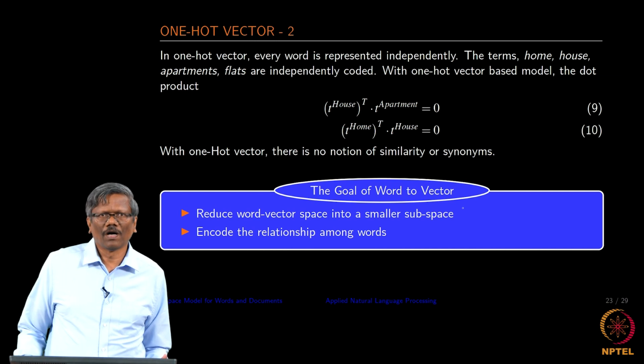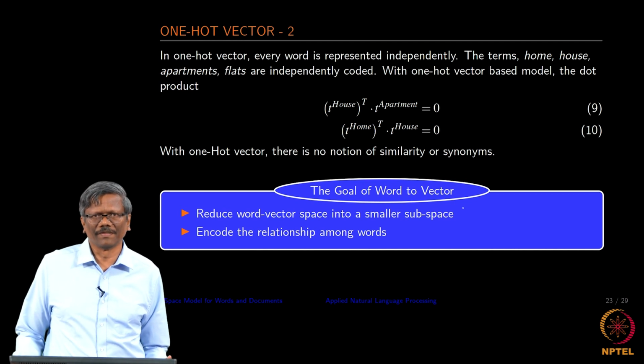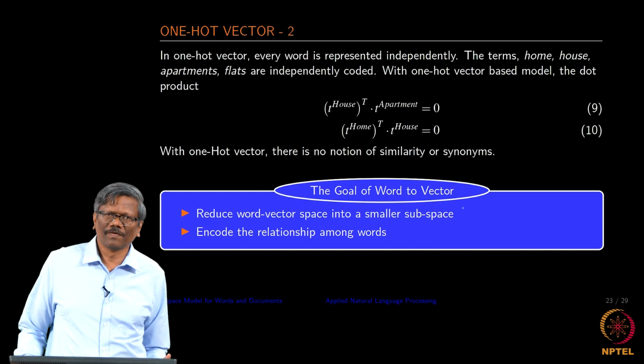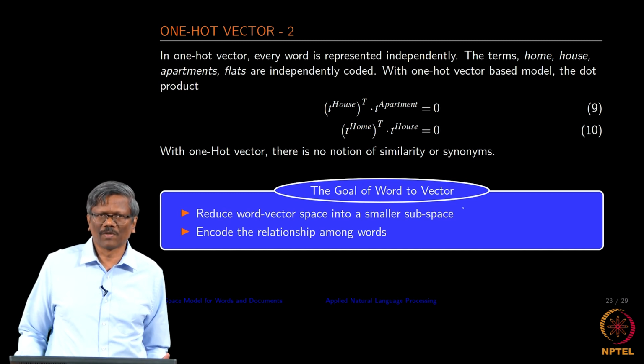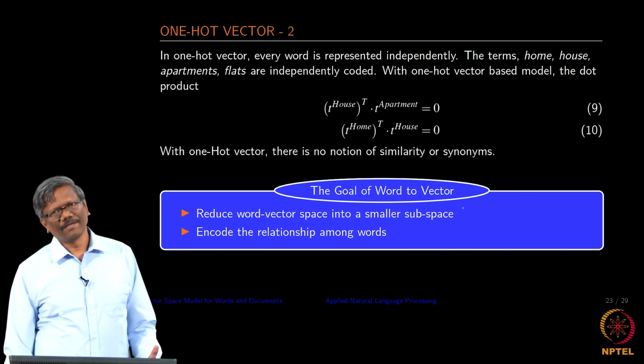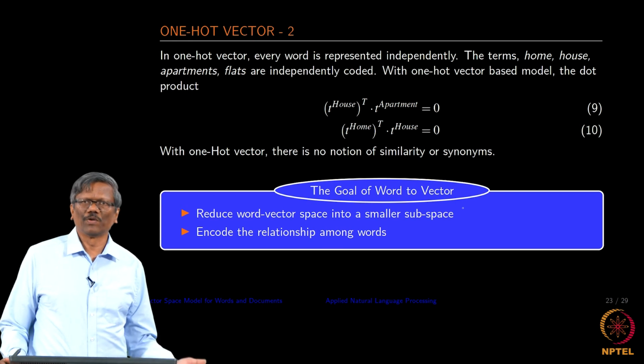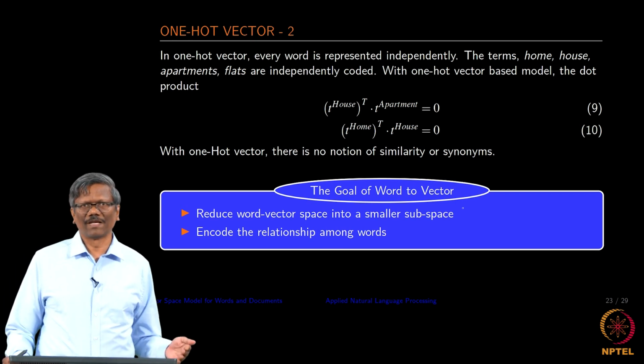In this case, the terms home, house, apartment, flats are independently coded, even though we know that they are related to each other. Since we are using a simplified codification scheme called one hot vector, they are coded independently, and there is absolutely no correlation between these, even though we know well that they are quite similar to each other.